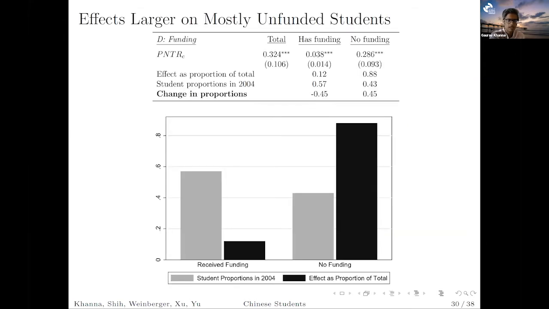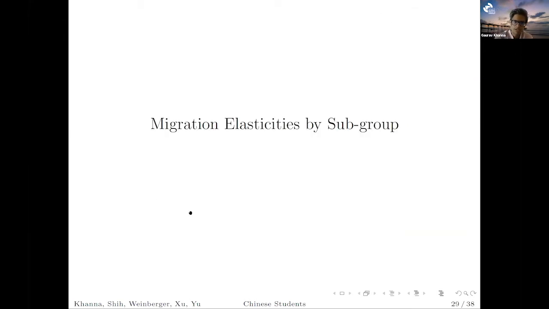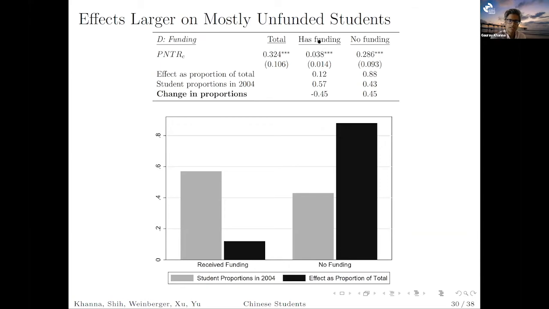When we look at migration elasticities, you see where the biggest impacts are coming from. In our FOIA data, we know exactly how much money students are putting in themselves and how much money is coming from universities. You see that the elasticity is much stronger for students that don't have any funding, as opposed to students that do get funding from these universities, right?